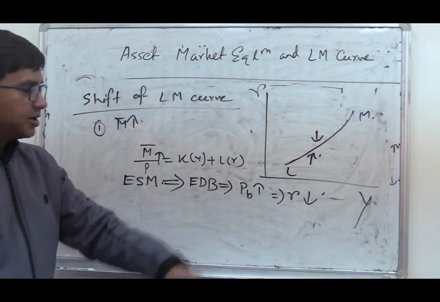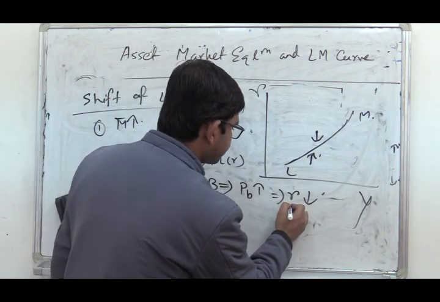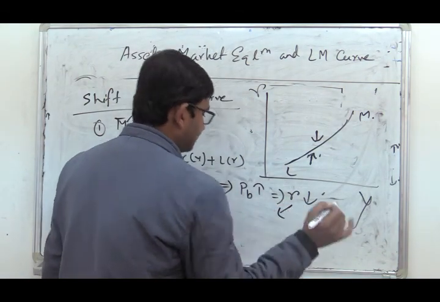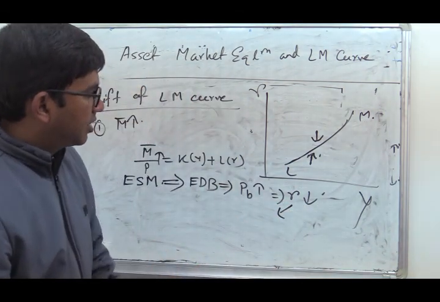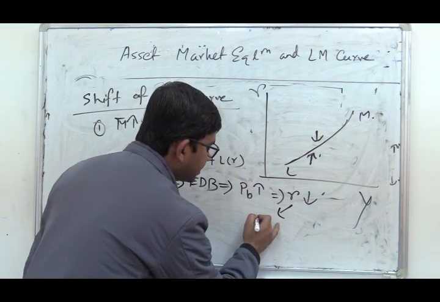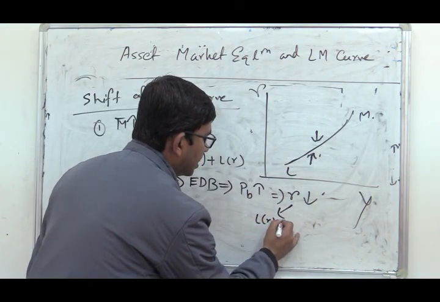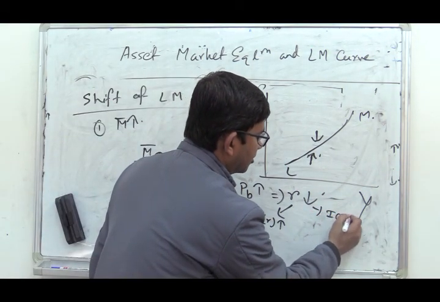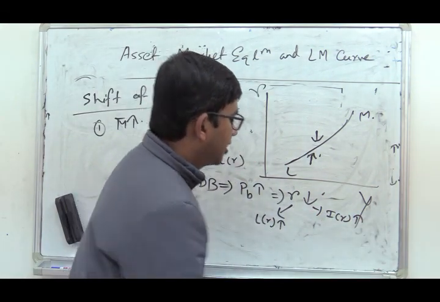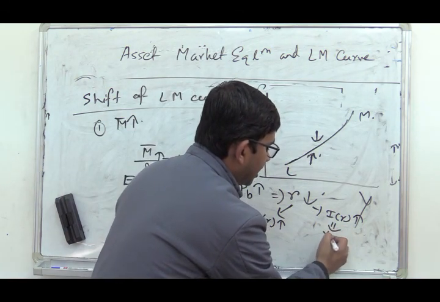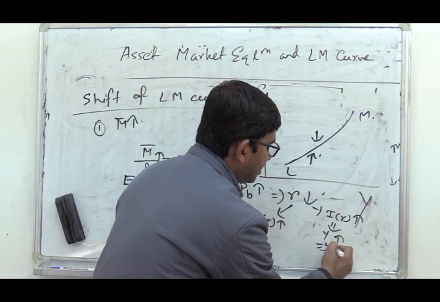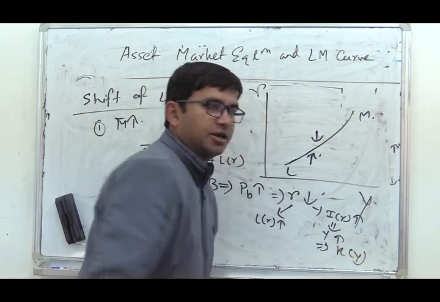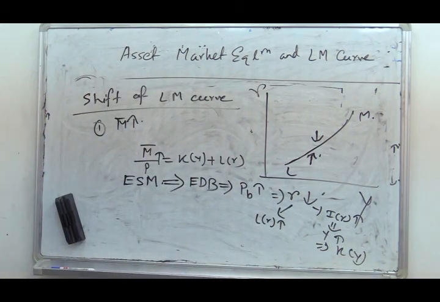Whenever the rate of interest falls, on one hand, speculative demand for money will rise, and on the other hand, in the commodity market, private investment will rise. So aggregate demand will rise, and that implies transaction demand for money will also rise.